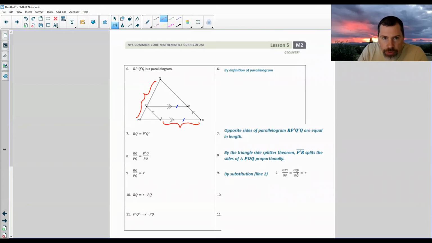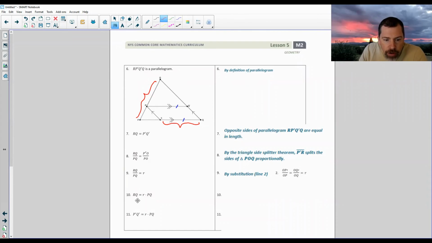We have stuff equal to R. RQ is this short side. OP prime was this short side. So we replaced a short side RQ with OP prime, and then we replaced PQ, a whole piece, with OP, which is the whole piece. Okay, so that's where the substitution from line 2 came from.